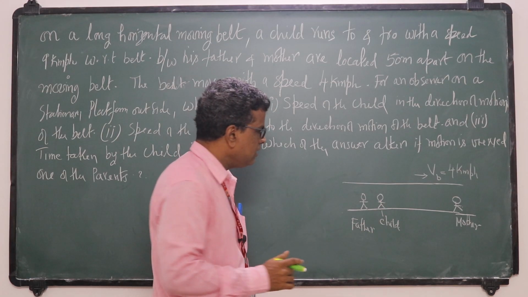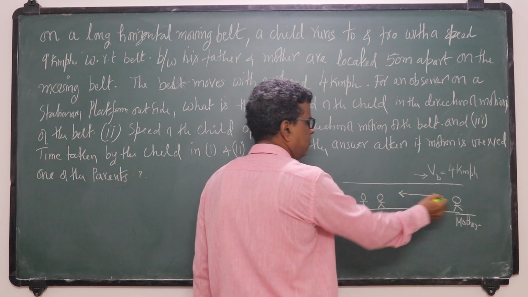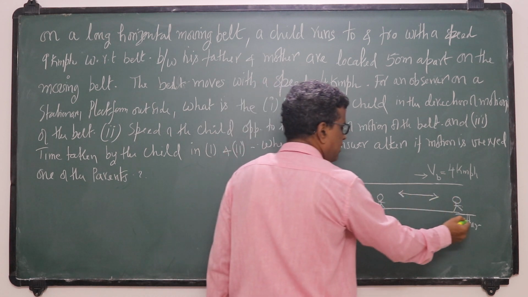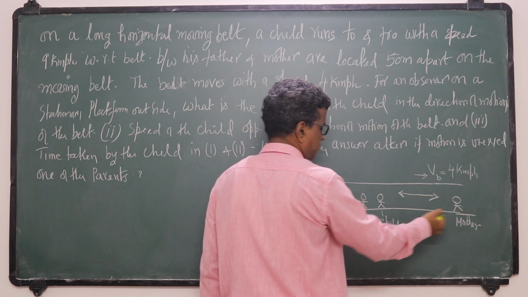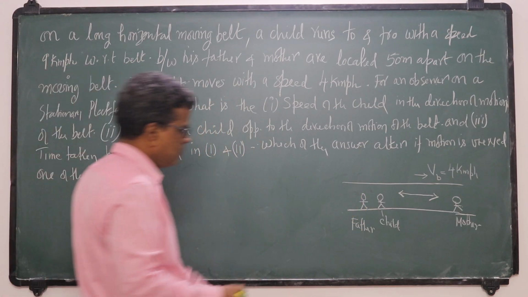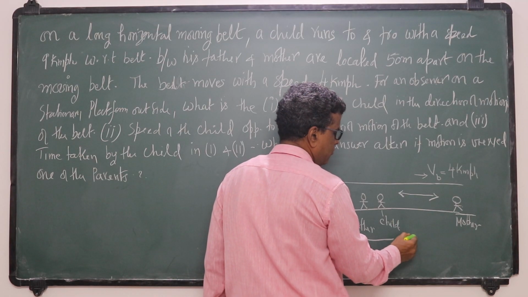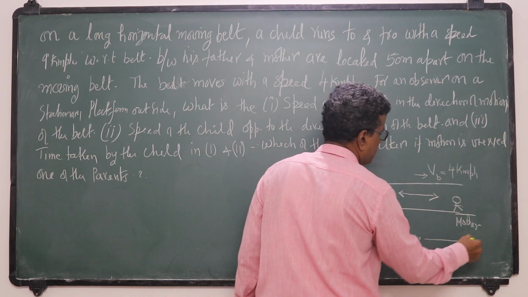But the child is running between father and mother, to and fro motion. Father and mother are 50 meters apart.